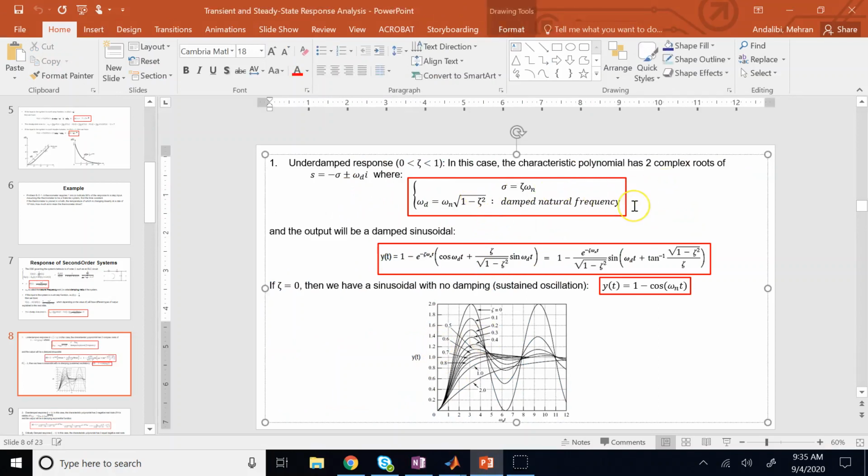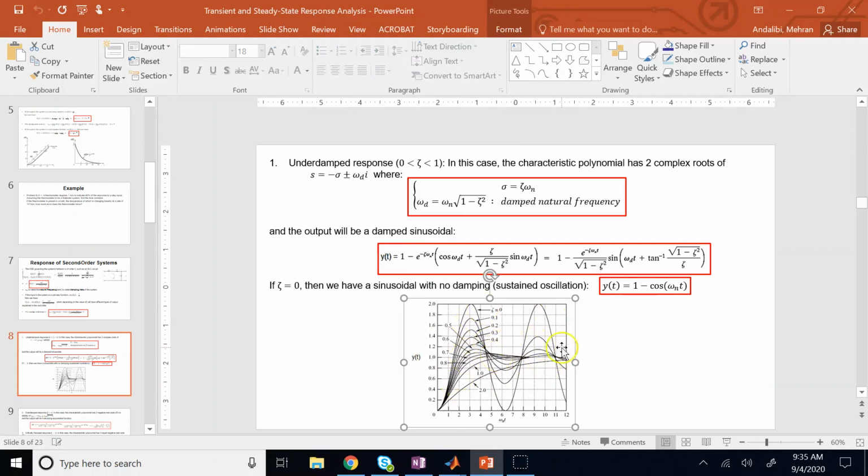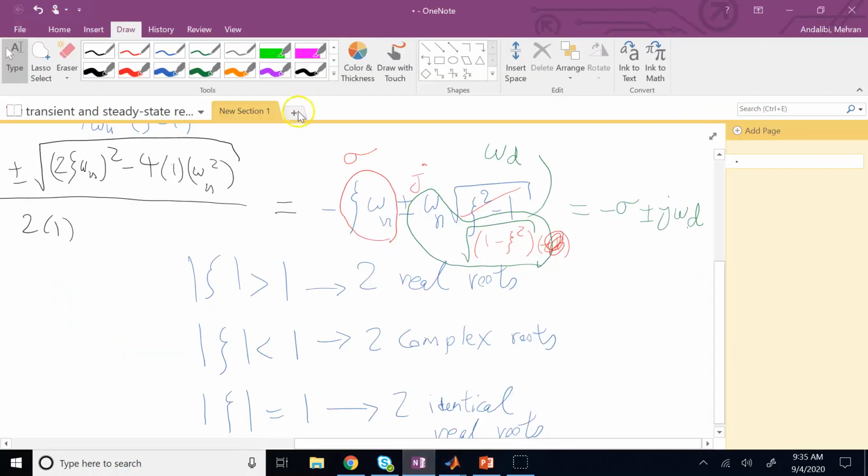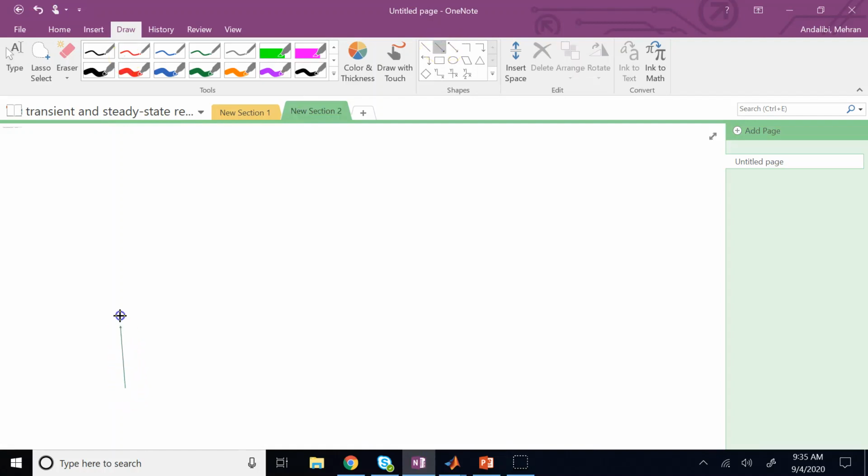So in this case, you have complex roots, and the output will be a damped sinusoidal. It looks like this. Of course, these are different responses for different zetas, but for any of them where zeta is bigger than 0 and less than 1, the response will be a sine or cosine function whose amplitude is shrinking and decaying. You start from the initial condition and start going up.